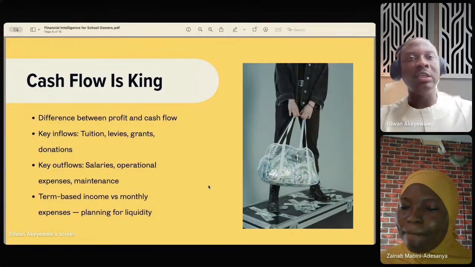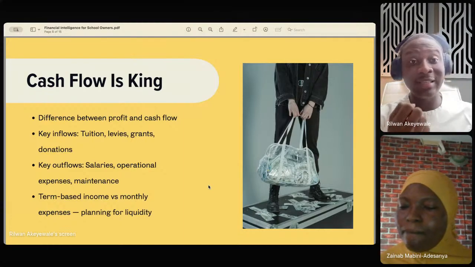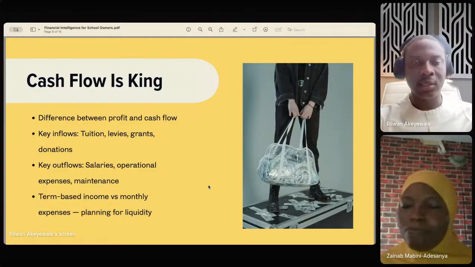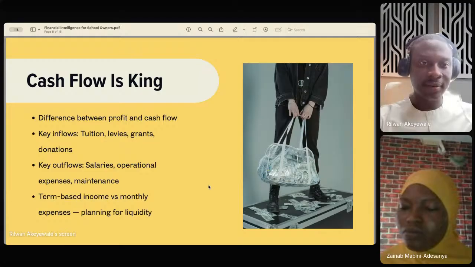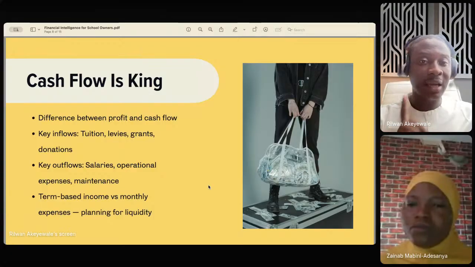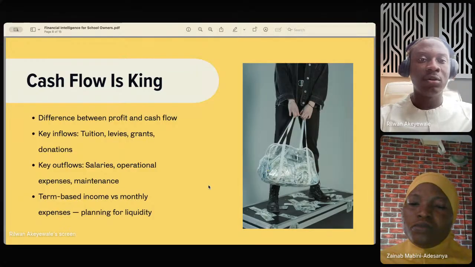Your revenue is the money that your company is supposed or assumed to earn. So you have 10 students. Your tuition is 100K per student for every term. It means your revenue for that term is 1 million naira. That is your revenue.